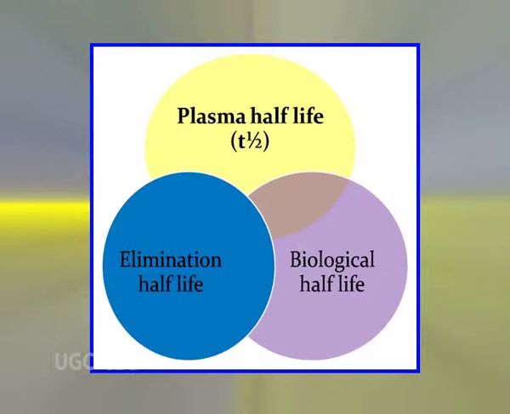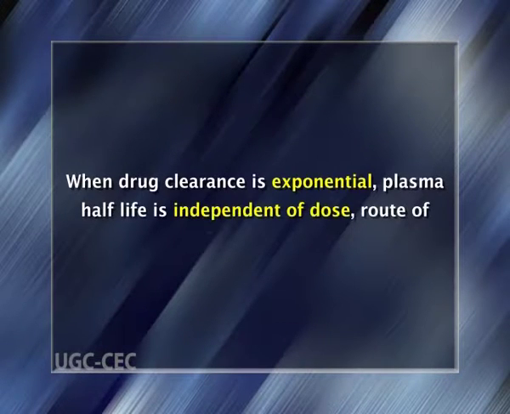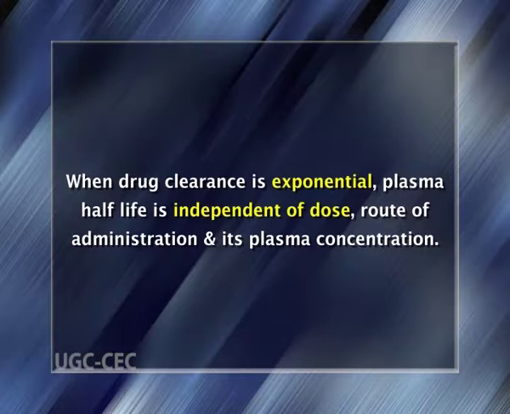Plasma half-life is also called elimination half-life or biological half-life. It is defined as the time taken for the circulating plasma concentration of a drug to fall by 50%. When drug clearance is exponential, plasma half-life is independent of dose, route of administration and its plasma concentration.